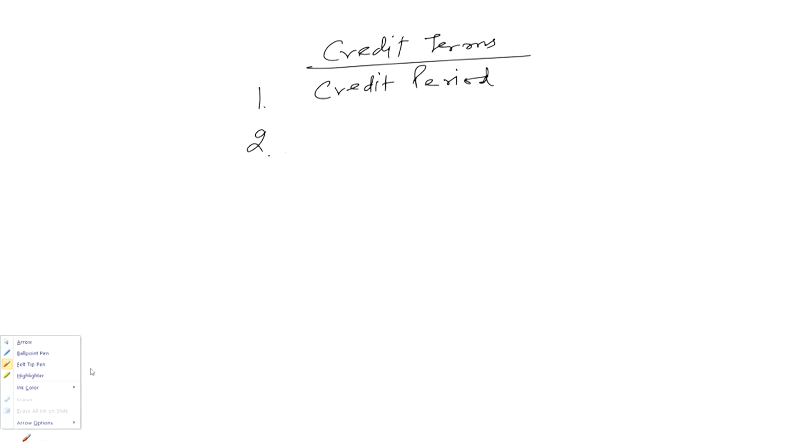One is the credit period and the second is the cash discount.